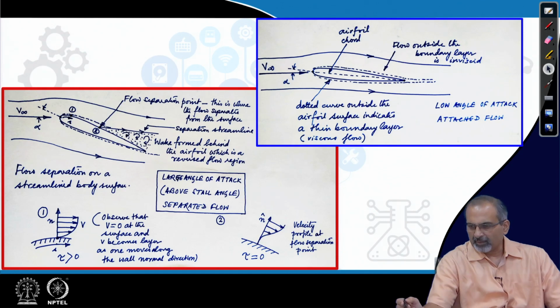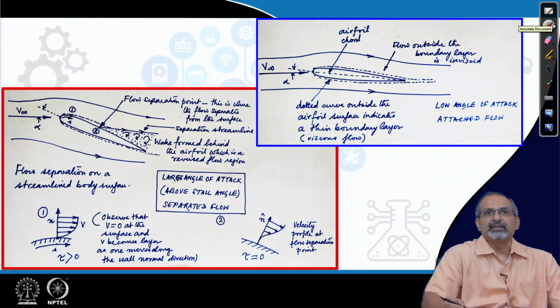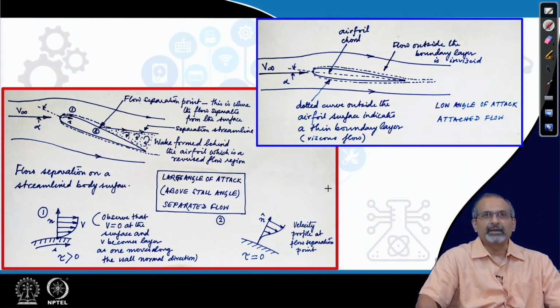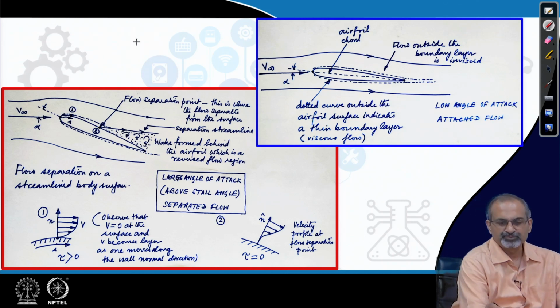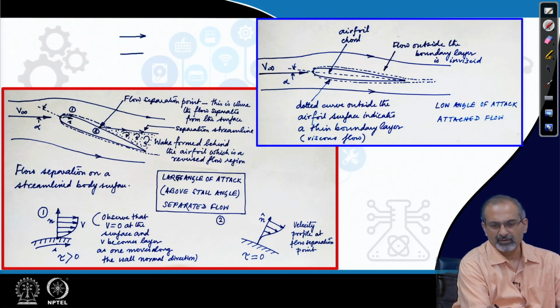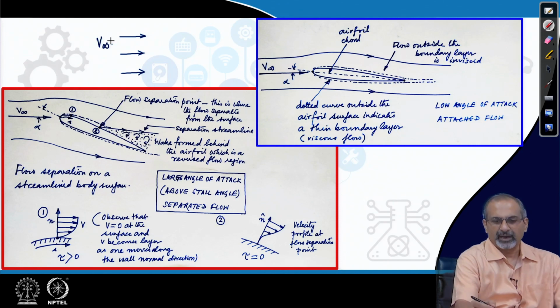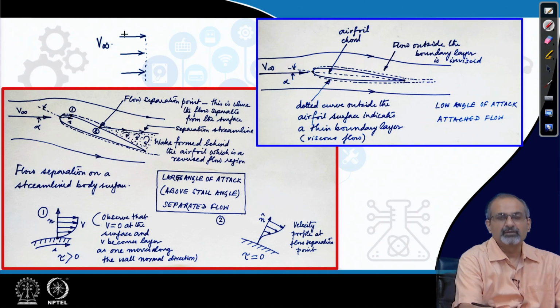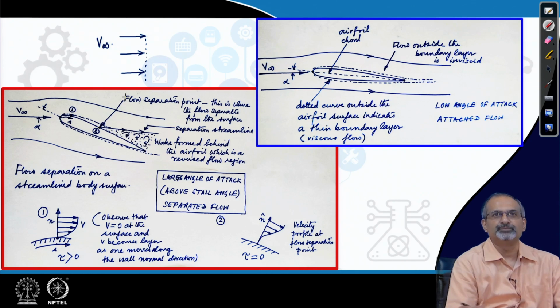Here is a diagrammatic representation of an airfoil facing a uniform flow. There is a uniform flow field approaching the airfoil from upstream. What we mean by uniform flow is that at every spatial location you see the same value of the velocity magnitude.